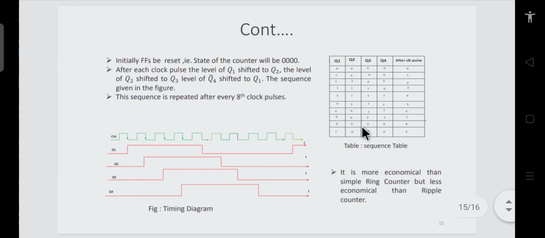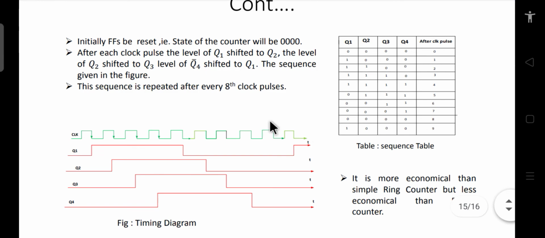So if you write the state table, it looks something like this. In the sequence table or truth table, what happens after every clock pulse is that if the counter is in this state, then on the appearance of the first clock pulse it moves to this state, then on the appearance of the next clock pulse it moves on. Just by looking at the connections, you can see that the circuit moves into these various states.